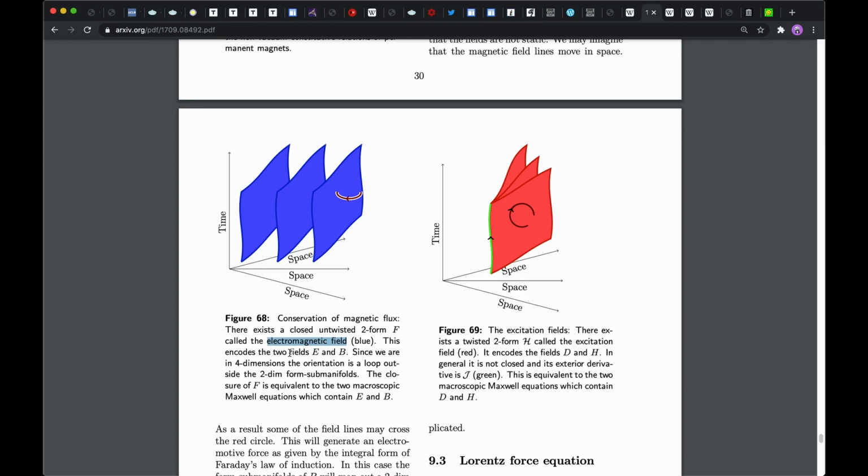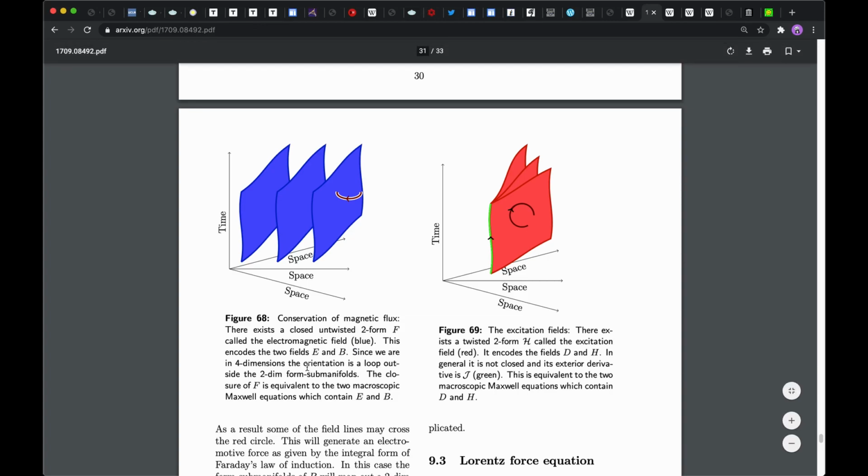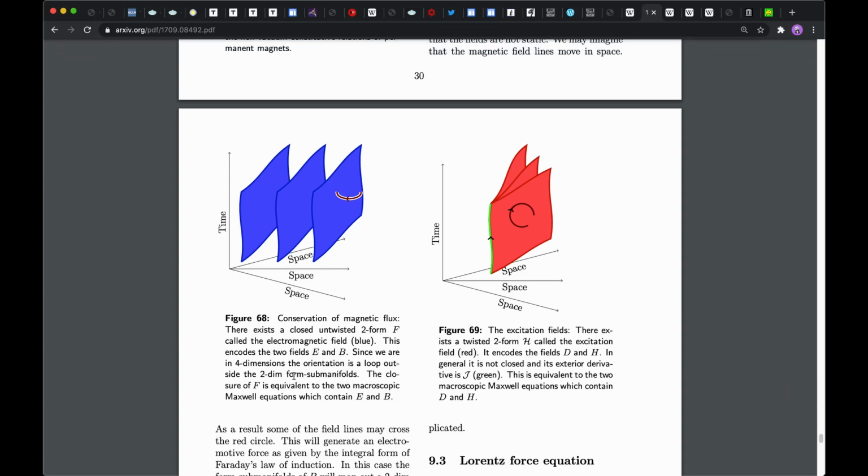It encodes two fields, E and B. Since we are in 4 dimensions, we need to have an exterior orientation assigned to that form, and the exterior orientation will be a 2-dimensional orientation here. Basically it's the orientation of the perpendicular surfaces.